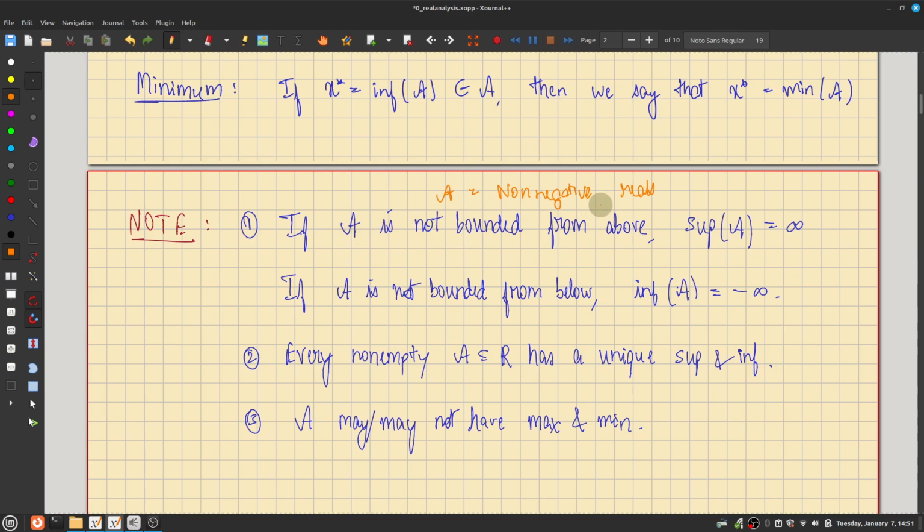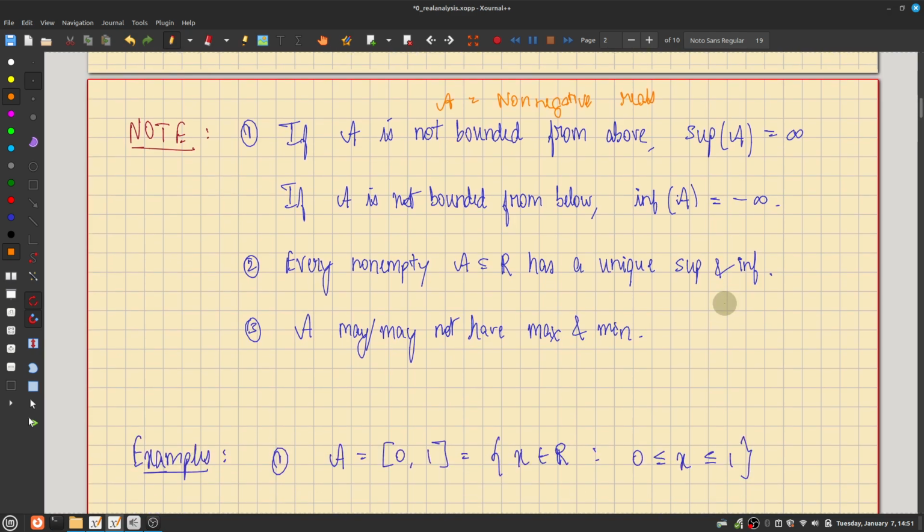So if A is not bounded from above, then we say that the supremum of A is equal to infinity. And similarly, if A is not bounded from below, then the infimum of A is denoted minus infinity. Another property which I will not prove is that every non-empty set has a unique supremum and an infimum.